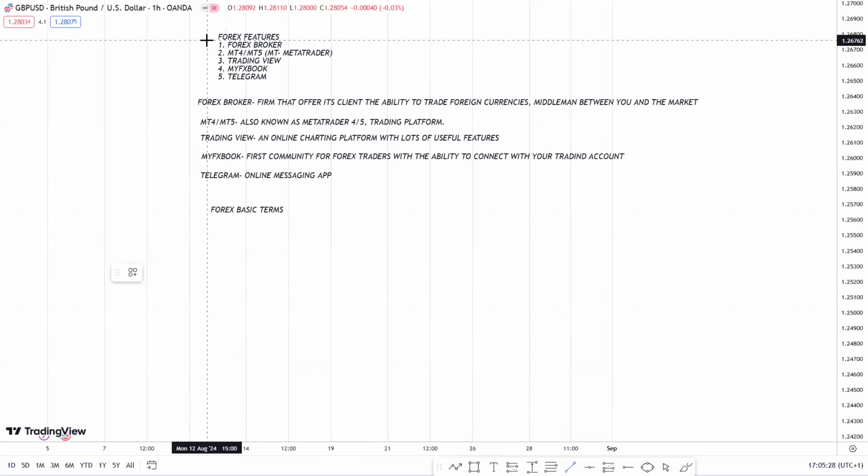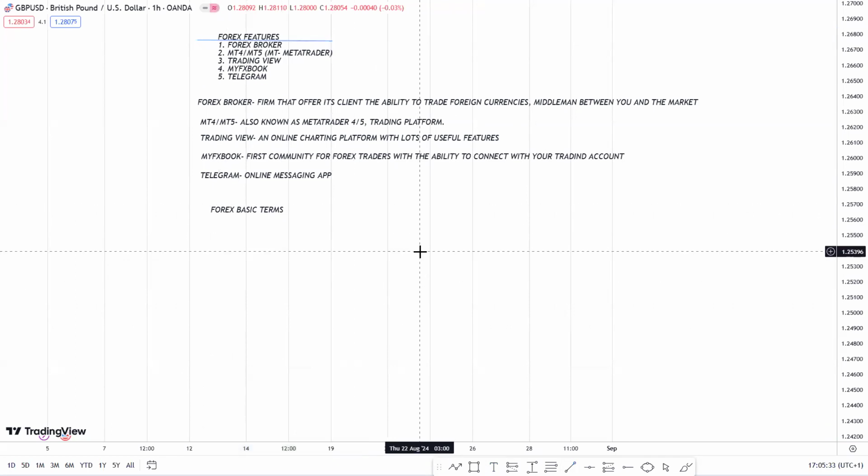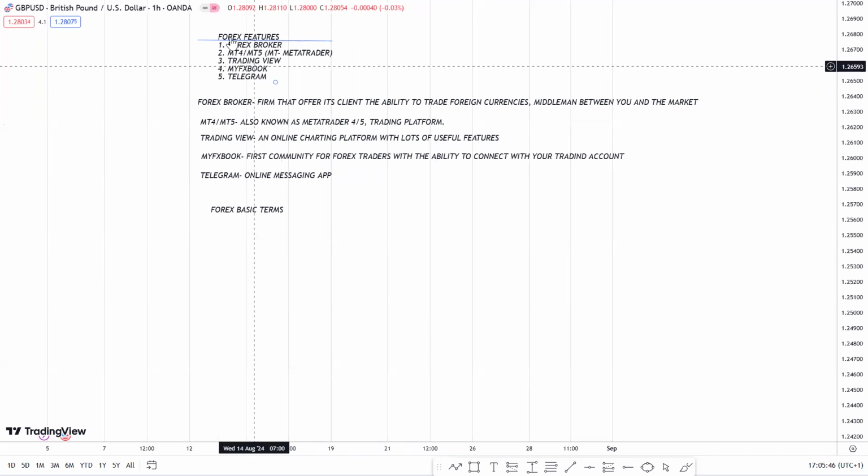These terms are very important. You have to keep them in mind. Okay, so we're done with forex features. Now we're dealing with forex basic terms.